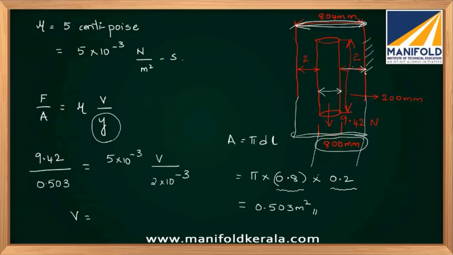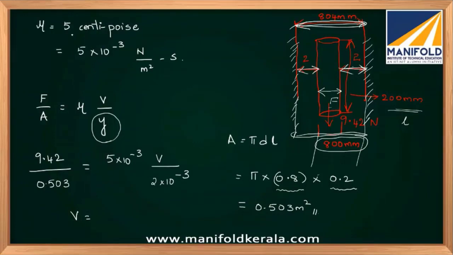This cylinder is always fixed, right? This is the fixed end. Y is the distance from the fixed plate, 2 mm. And force F, weight 9.42 Newton, is acting downward, and the length of the piston is 200 mm.